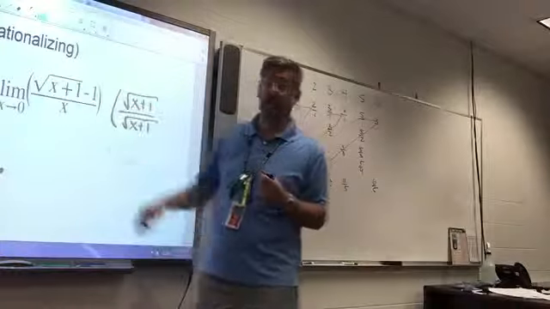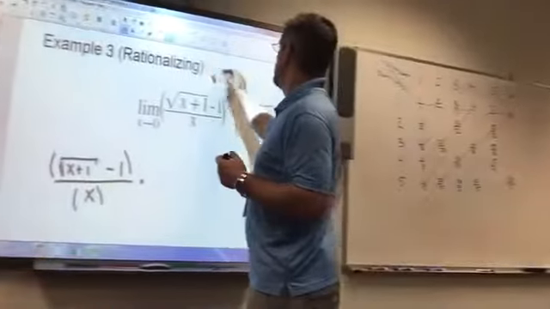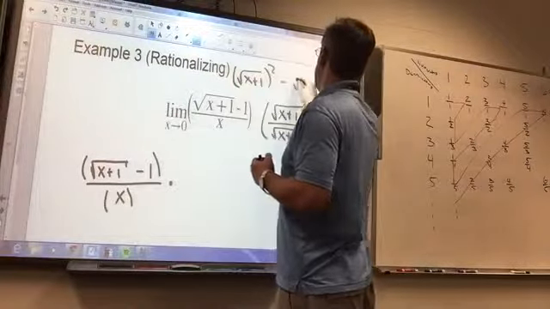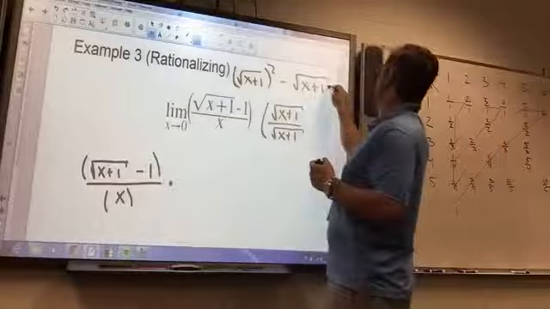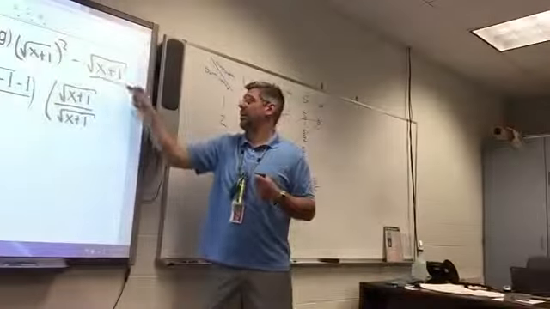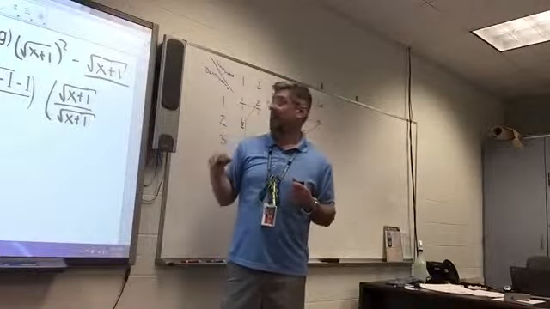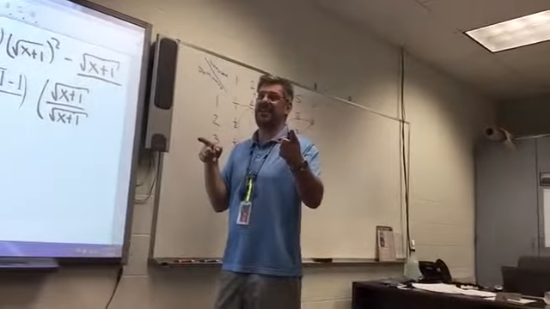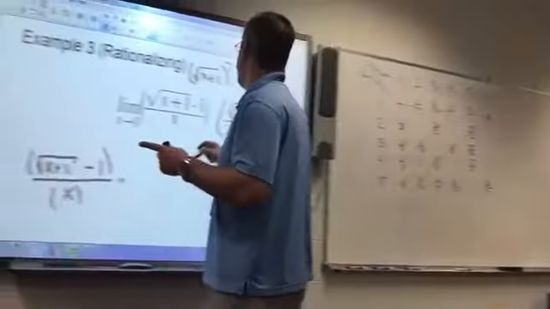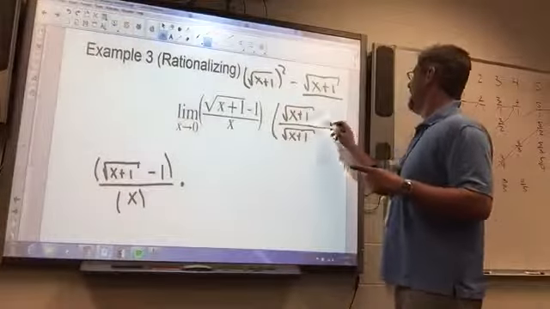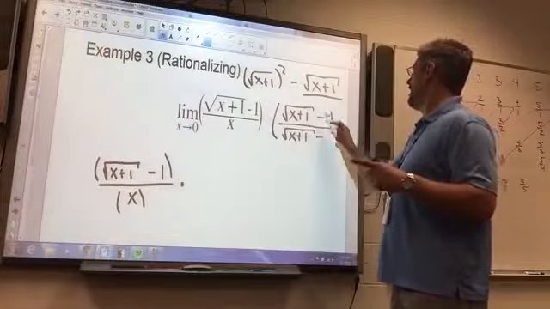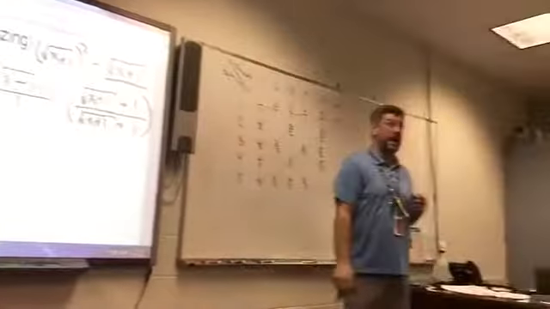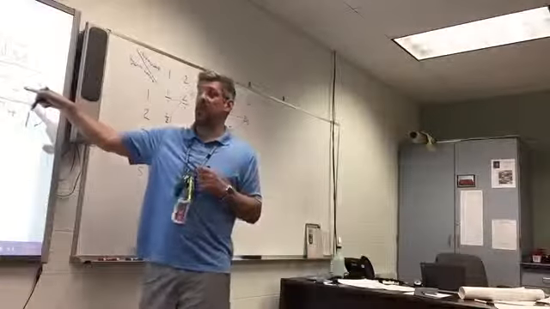I would get the square root of x plus 1 squared minus the square root of x plus 1. Do I want this guy here? No. The negative square root of x plus 1. Yeah, that's what I want to multiply by.